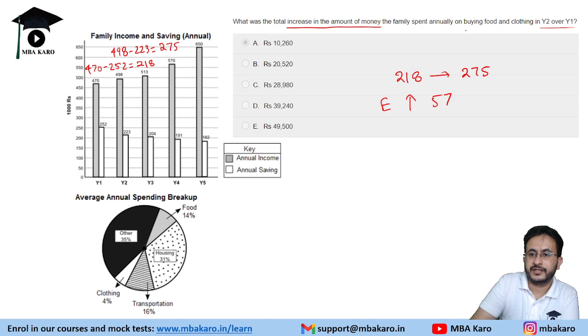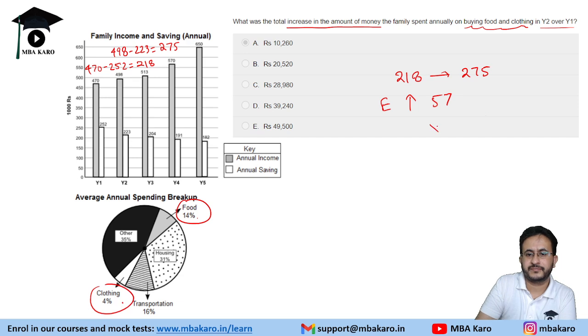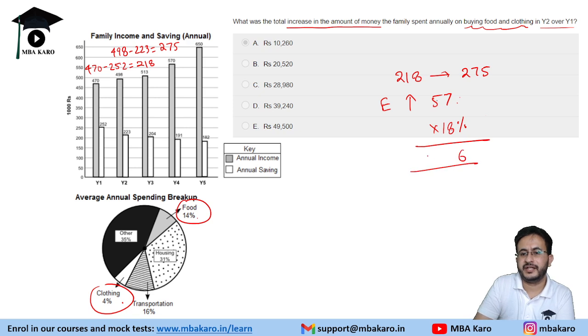Now it is saying food and clothing. The percentage is same. Food is 14%, clothing is 4%. So 18%. 57,000 ka 18%. 18, 7 is 126, 12, 90 plus 12 is 102. So 57,000 ka 18%, you will get 10,260.